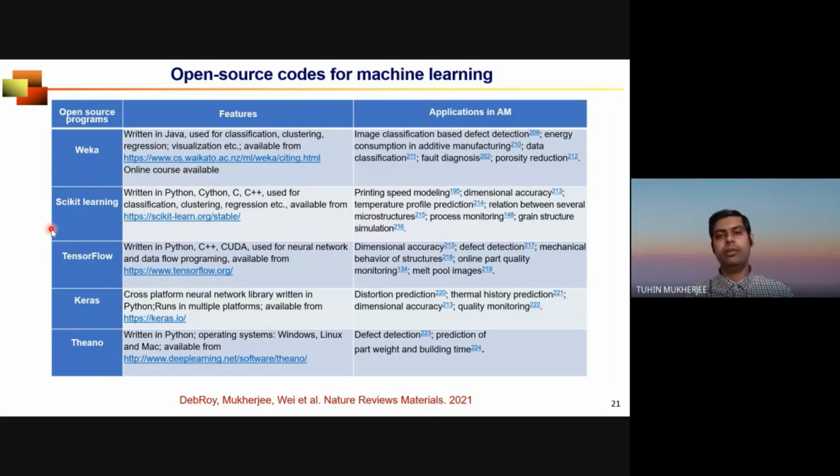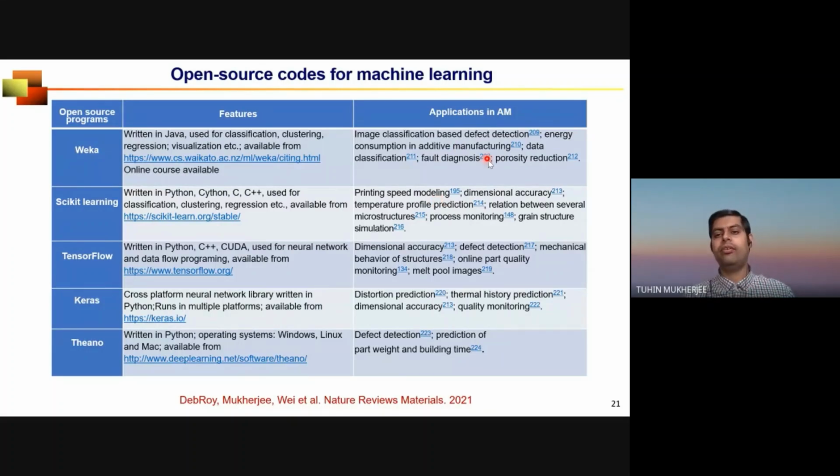Scikit-learn, many of you may know, is a Python-based program for machine learning, and there are many others like TensorFlow, Keras, Theano, and so on. And these open source machine learning programs have been extensively used to solve many problems in additive manufacturing.